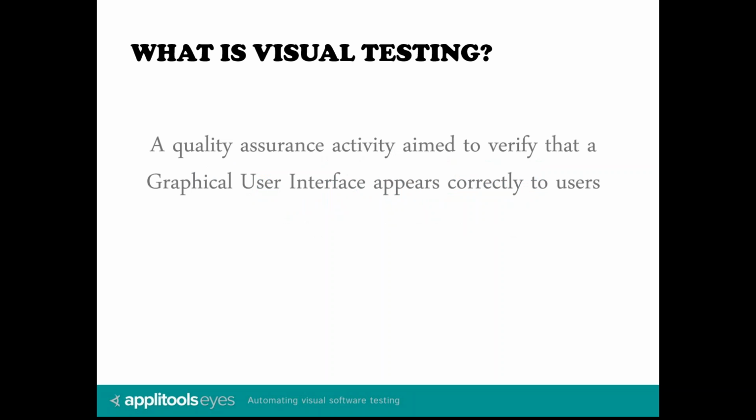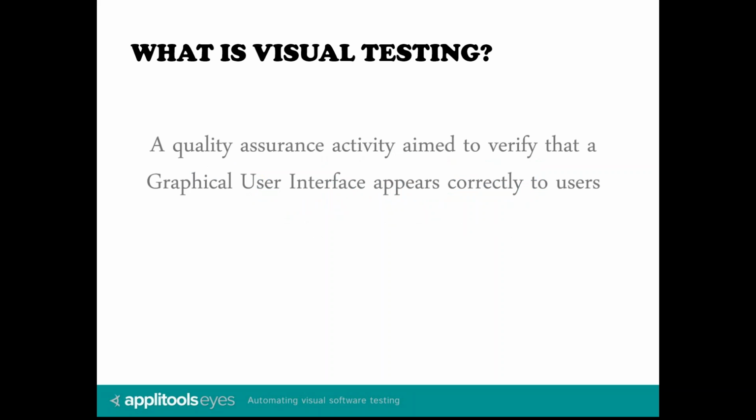Okay, so let's start with what is visual testing. So basically, it's a quality assurance activity that is aimed to verify that the graphical user interface appears correctly to users. Now, this goes beyond the traditional functional testing that you used to do with tools like Selenium and QTP, where you actually test the functionality of the application through the UI.